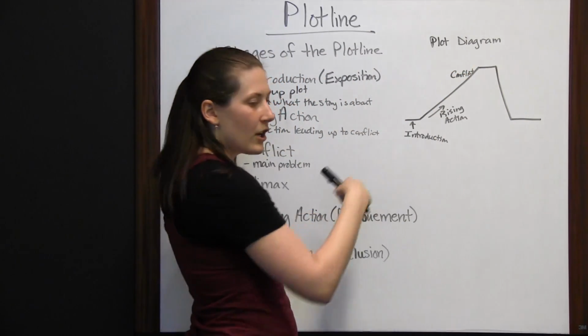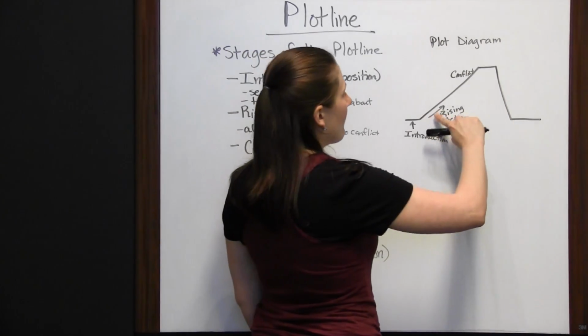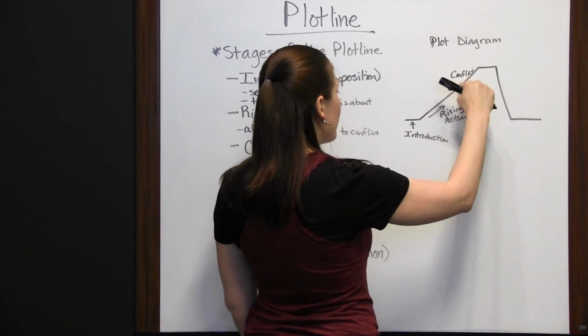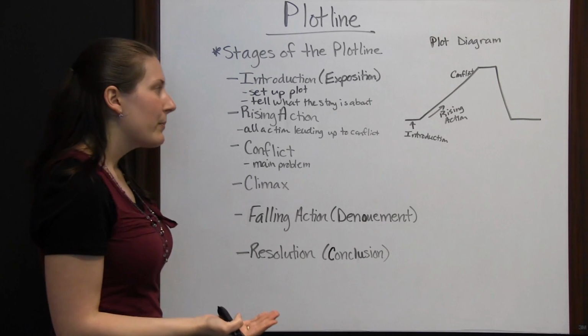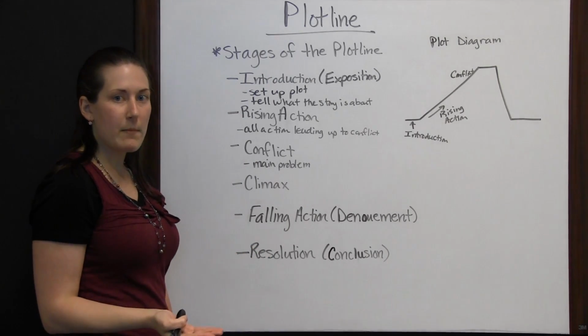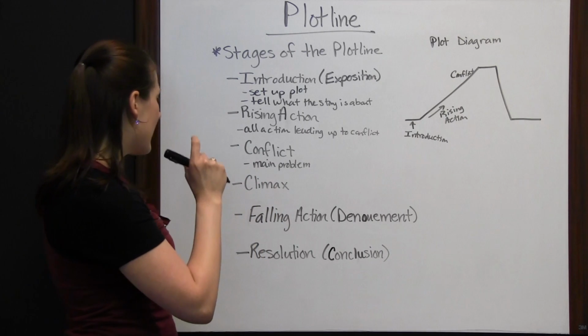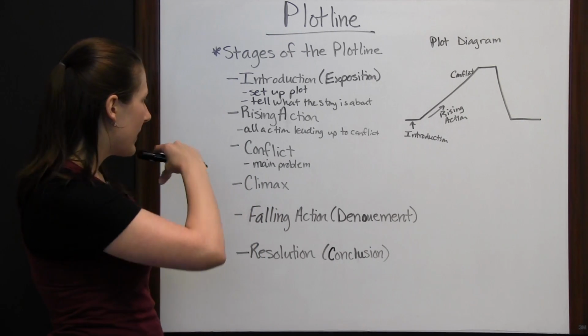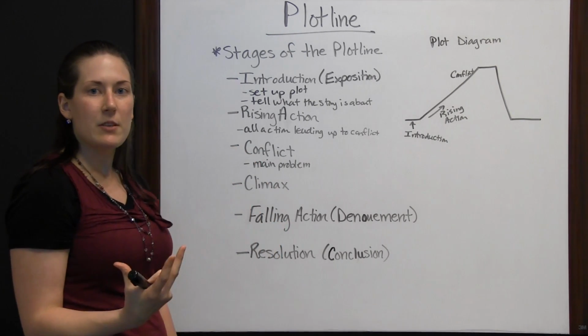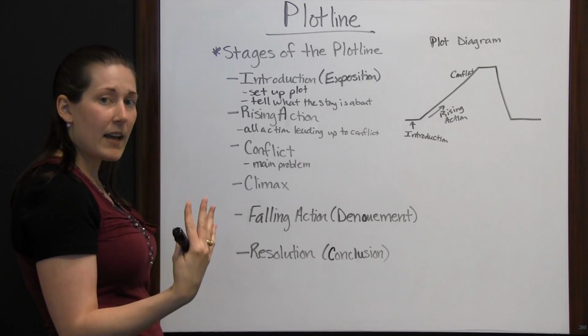So you've got your introduction where everything gets set up, rising action leading up to your conflict or problem. That's the point in the plot where you find out what the main problem is going to be. The climax is going to be that very important part where the conflict comes to a head. All the trouble comes to a head.